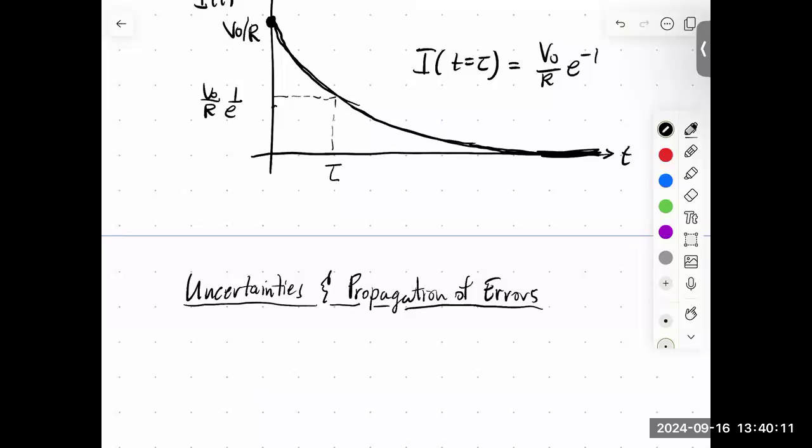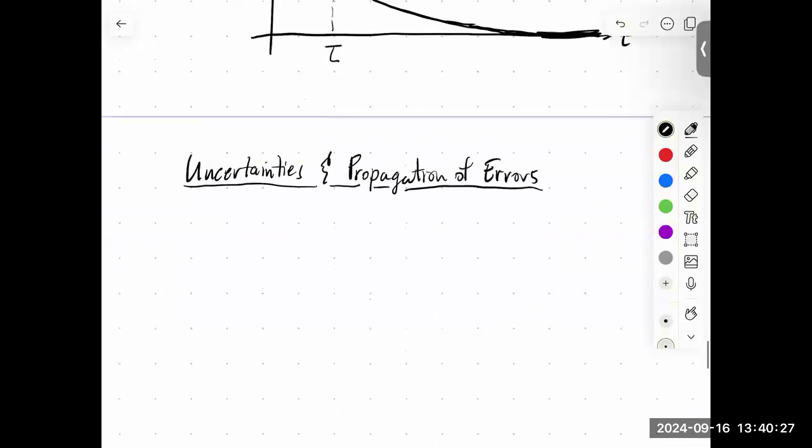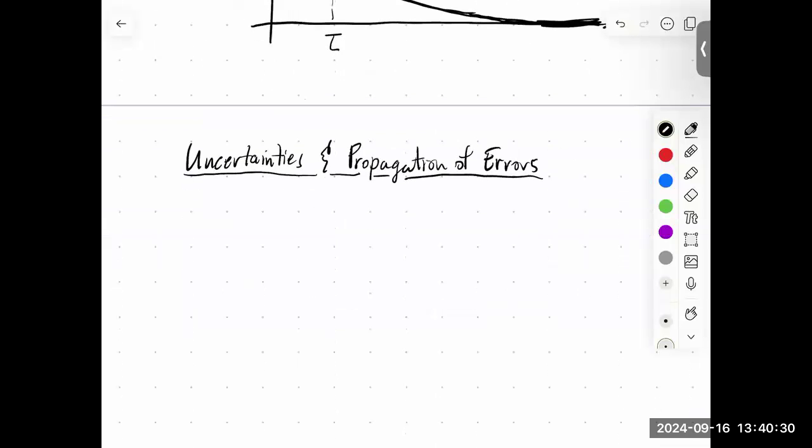And those new calculated quantities are going to have some uncertainty because they were generated using uncertain measurements. And so we want to know, how does that uncertainty propagate from the original measurement into some calculated quantity? Of course, you've done this in first year labs already. What we're going to find is that a lot of what you did in the first year labs will translate over, but there are some differences. And so I want to highlight those differences.